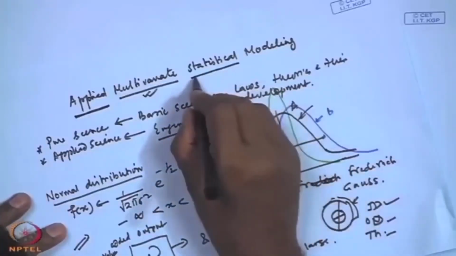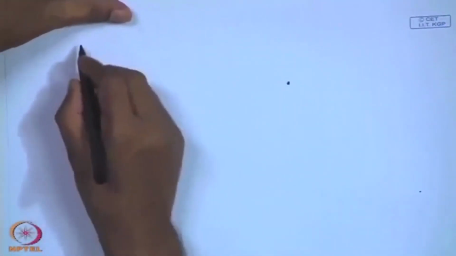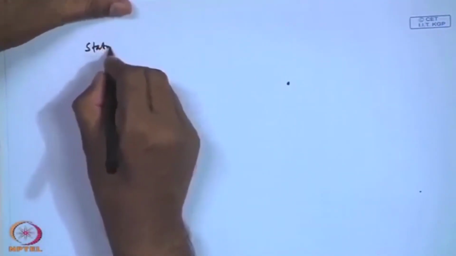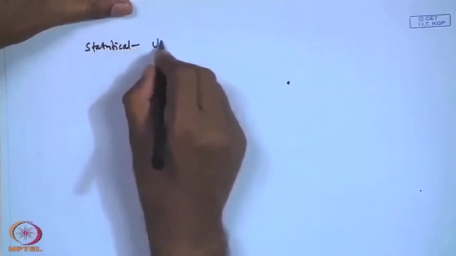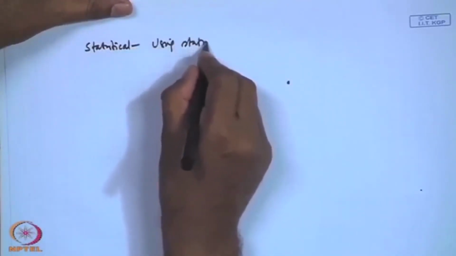So, the third issue is statistical. Now, what is statistical? By statistical we want to say that it is basically using statistics. That is what we want to infer.